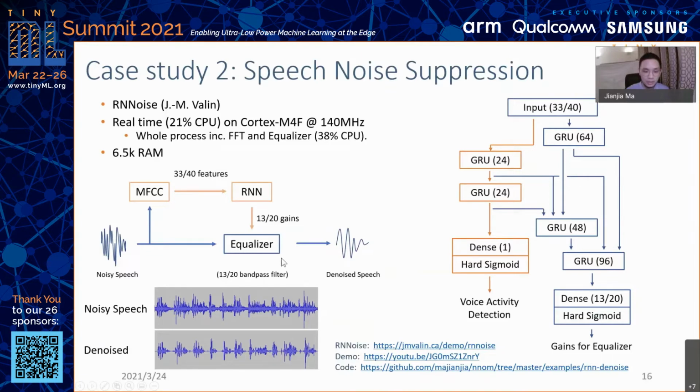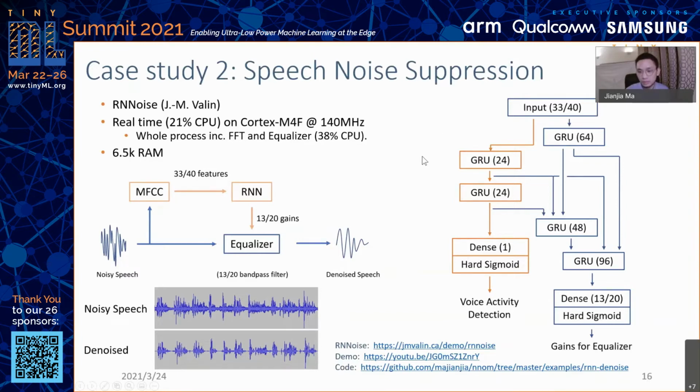Then there's an equalizer to suppress the frequency bands that contain noise and let the frequency bands that contain human voice pass. The recurrent model's structure is shown on the right-hand side.